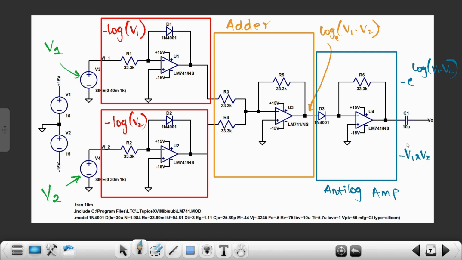Okay, over here in this particular circuitry they had not shown the signal changer circuit. That means you can actually connect one buffer amplifier over here, which will just instead of minus V1 V2, give you plus of V1 V2, right? So they had not shown it over here, but that is also fine, because our main intention was to get the multiplication of the two input signals, and this is what we can get over here. Okay, great.